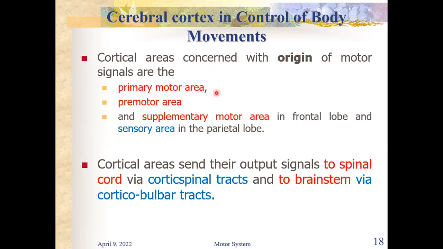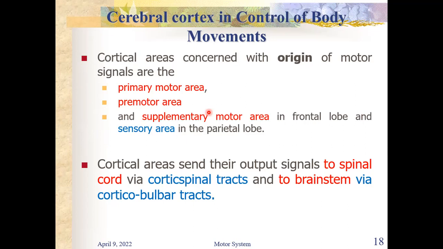The prefrontal area is not here because motivation, foresight to plan and initiate movement occurs in the prefrontal area. The prefrontal area is for planning, for motivation, for initiation of movement.